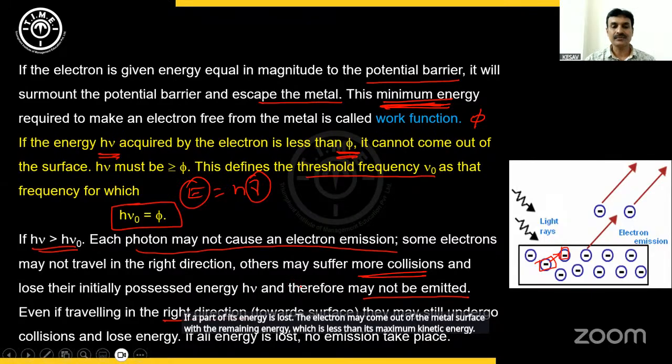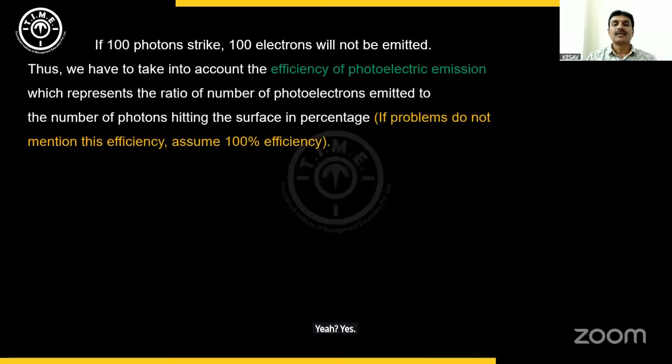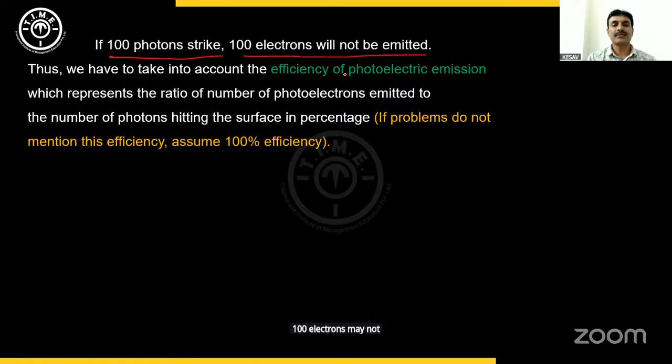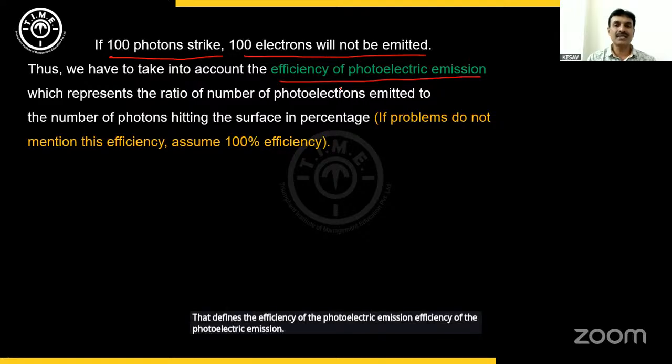Clear? Yes. See, based on that, suppose there are 100 photons striking a metal surface, 100 electrons may not be emitted. Some smaller number of electrons may be emitted. That defines the efficiency of the photoelectric emission. What is this efficiency?